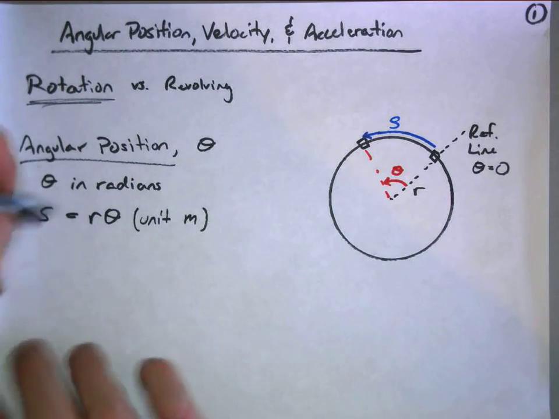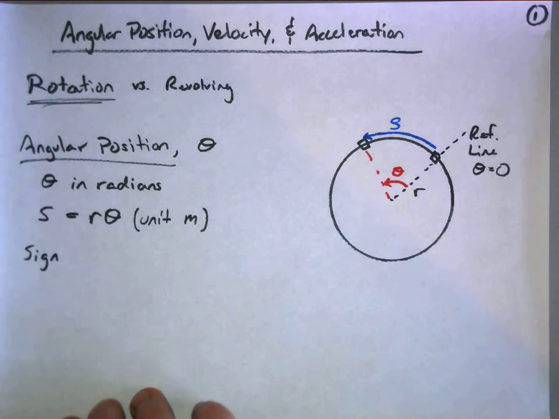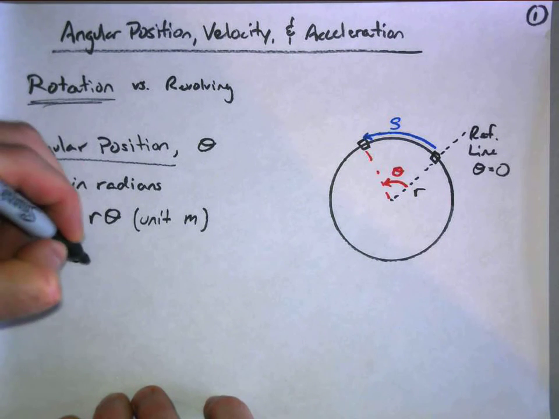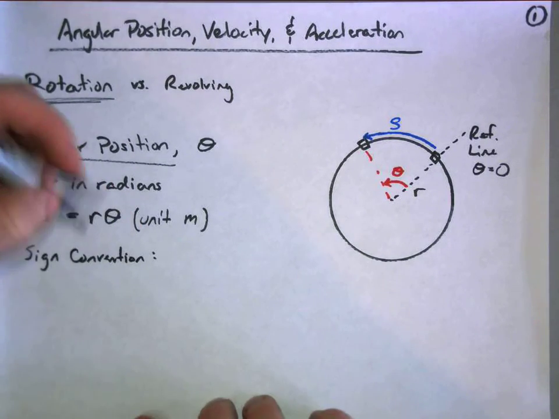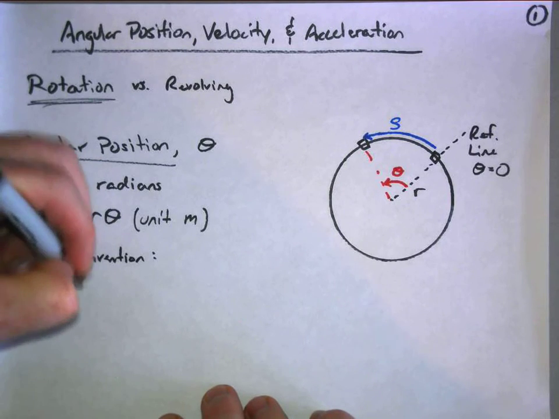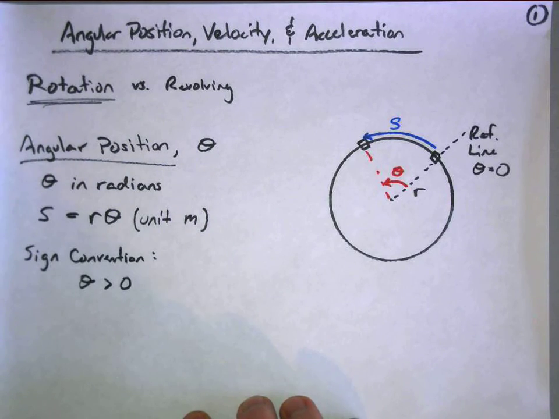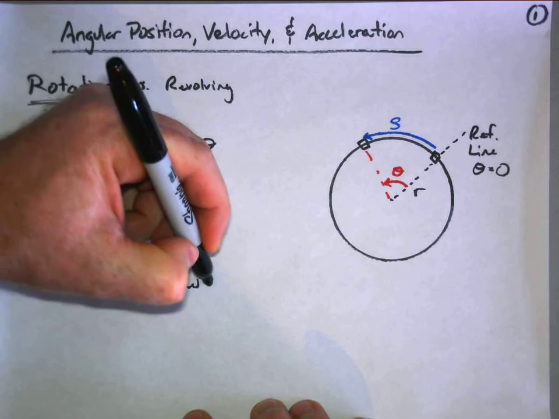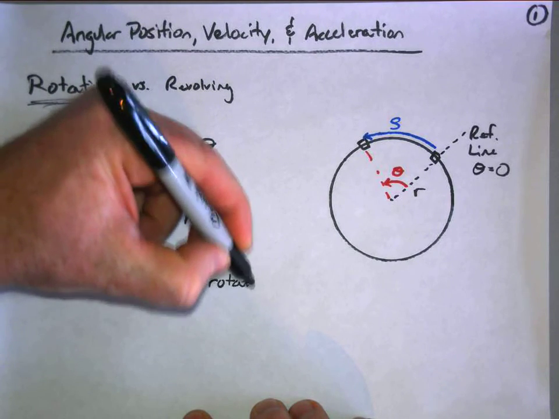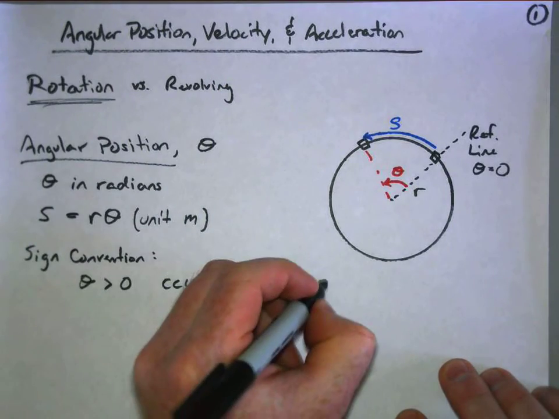Now there is also a sign convention, generally, and we're going to see this creep up as we go along further. So conventionally, just basically what everybody agrees upon in terms of how to think of these things. When theta is greater than 0, as it's measured, then what we're looking at is counterclockwise rotation from the reference line.